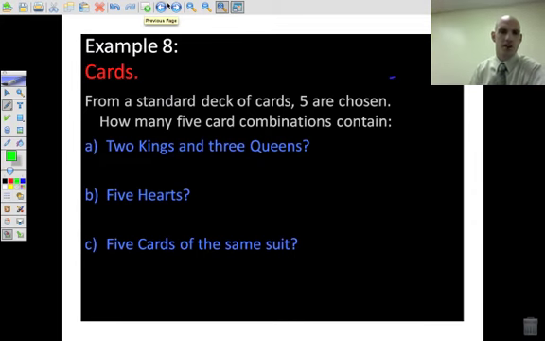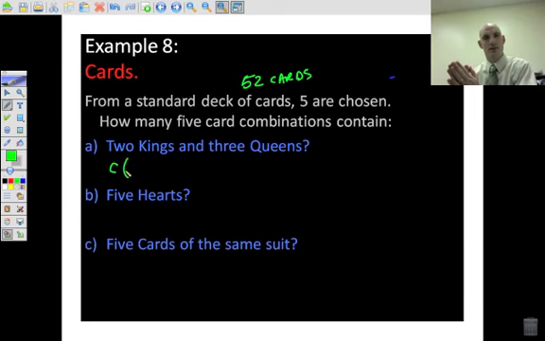This one's about cards. From a standard deck of cards, which is 52 cards, 5 are chosen. How many 5-card combinations contain 2 kings and 3 queens? When we're talking about 5-card combinations, really what we're talking about is the total number of objects that we have to choose from. Okay? So, let's think about this. If we are choosing from the number of kings, there's only 4 kings per deck.